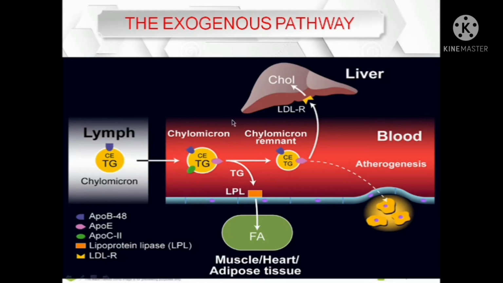Remember that in the first video we spoke about some apolipoproteins which are found on the chylomicrons, of which some of them are ApoA1. So on the chylomicron we get ApoA1. Not only ApoA1, we also have other apolipoproteins which can be found on chylomicron.